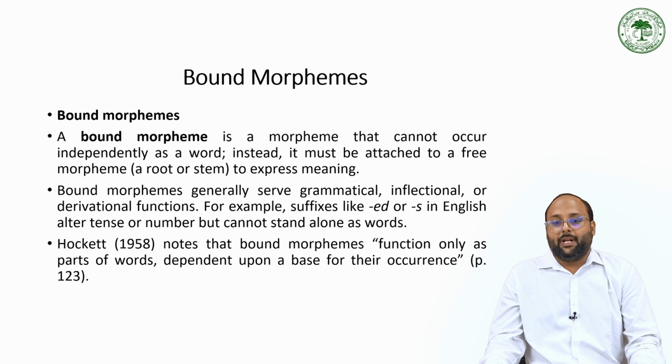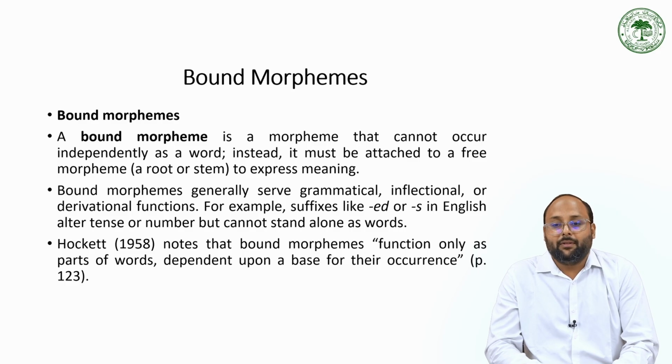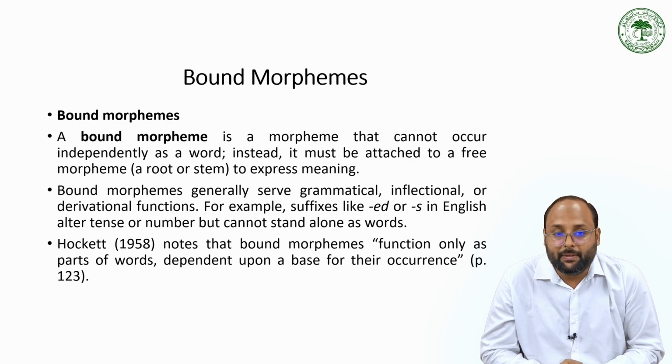And we have the plural -s, or the -ing form for the verb, or -est for the adjective. All these are functional bond morphemes. They cannot occur alone, but they occur with other free morphemes to give meaning.